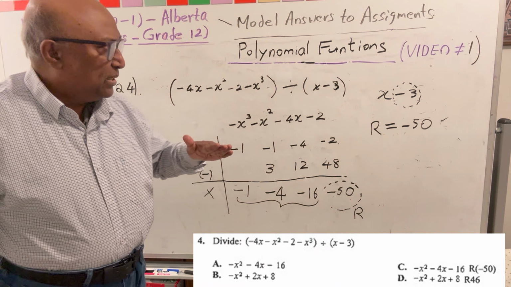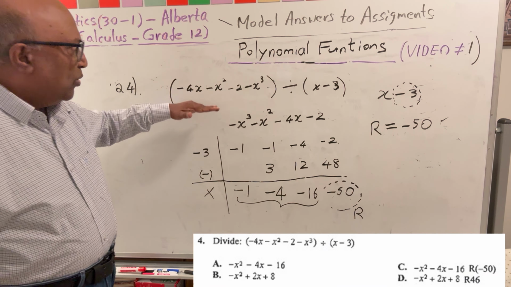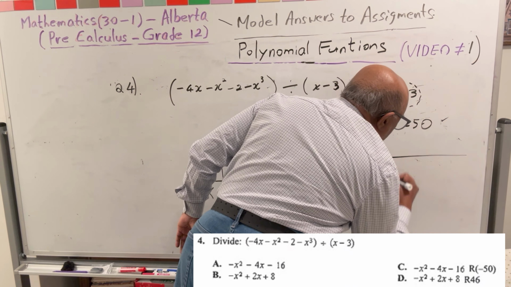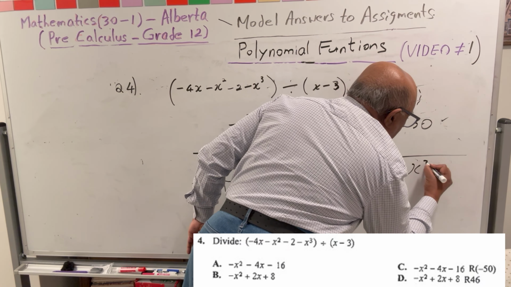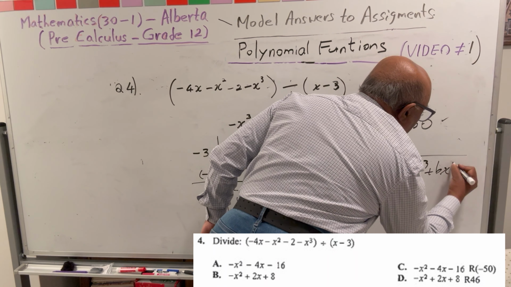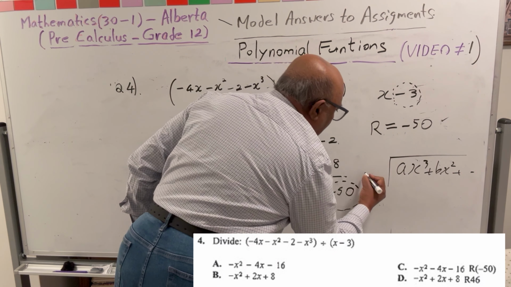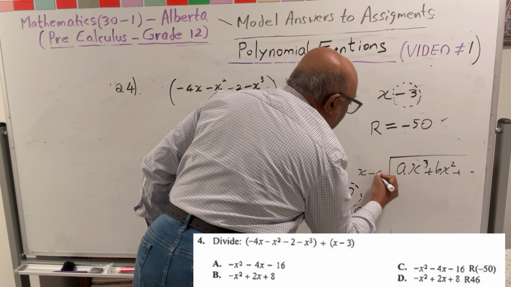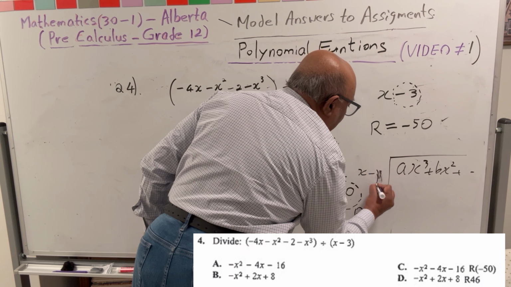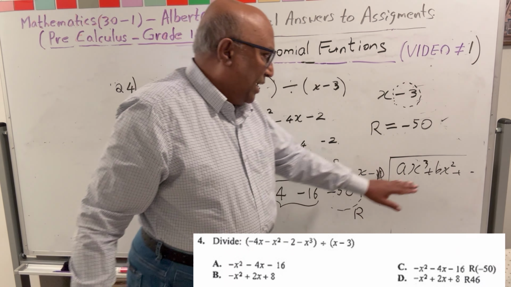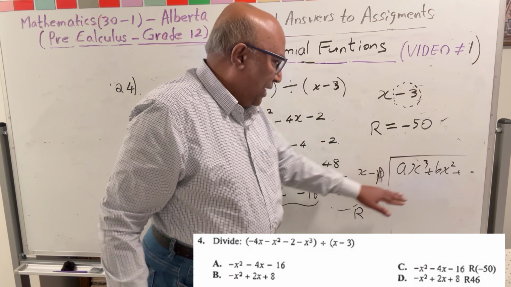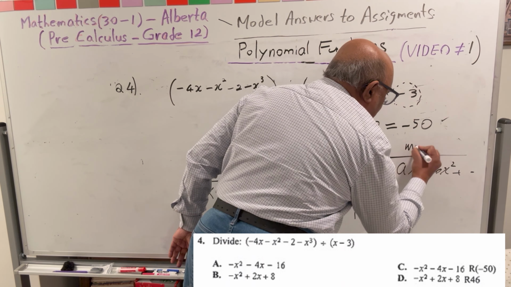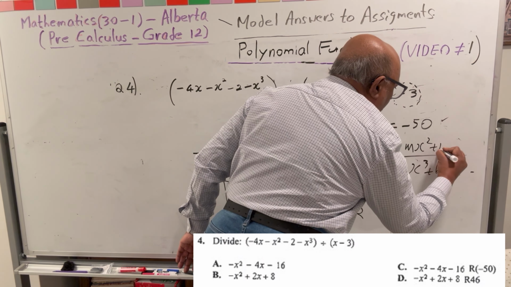Quotient is this one. These are the coefficients of the quotient. What is the power of the quotient? You are dividing a polynomial of degree 3 by a polynomial of degree 1. In general, if you divide a polynomial of degree 3 by degree 1, the quotient should be of degree 2.